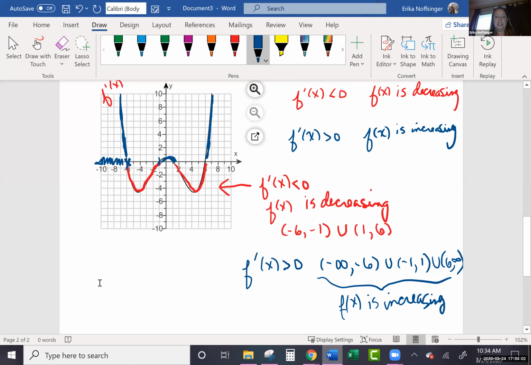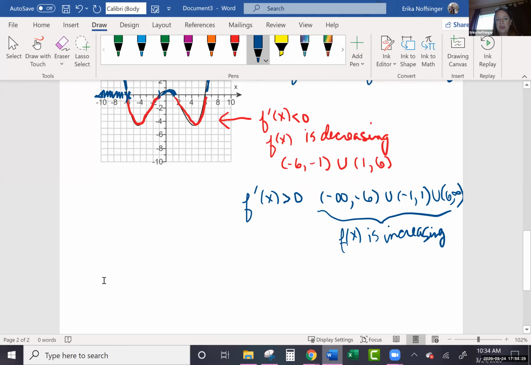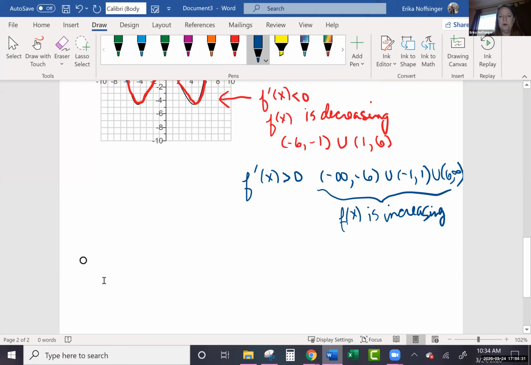Actually, this ties into what we're doing next in 5.2, and we talked about it a little bit: finding absolute or local max and local mins. Let's look at our number line real quick and see if, from our derivative function, we can tell where our maxes and mins are going to be from that last example.